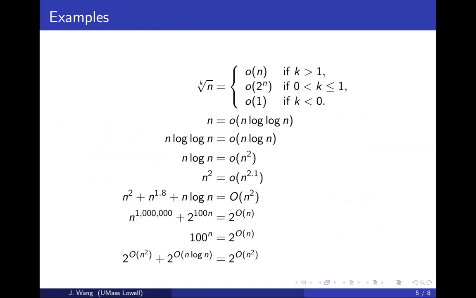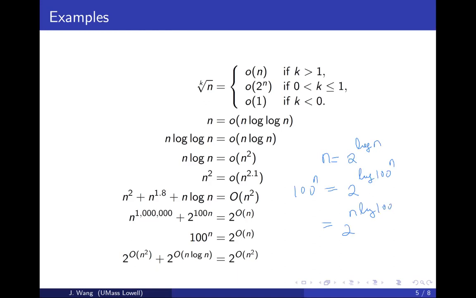So any n is equal to 2 to the log n. So that means 100 to the nth power is equal to 2 to the log of 100 to the nth power, which is n log 100.